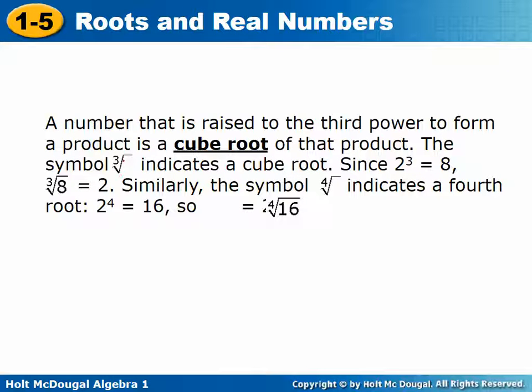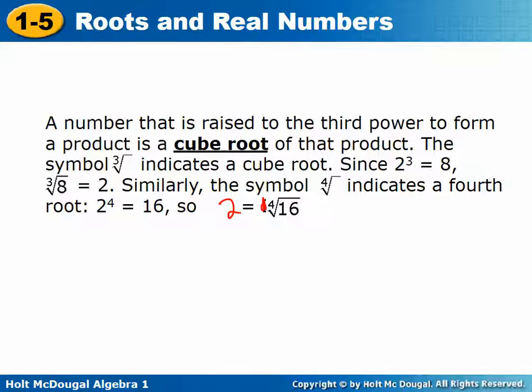We can undo a cube, and then you put a little 3 in here. You can have fourth roots, and then there'll be a little 4 in here. So the fourth root of 16: 2 to the fourth is 16, so this should say 2 equals the fourth root of 16, because 2 to the fourth equals 16.